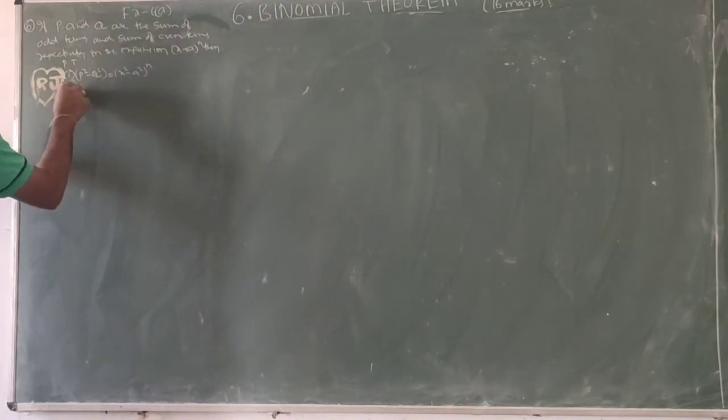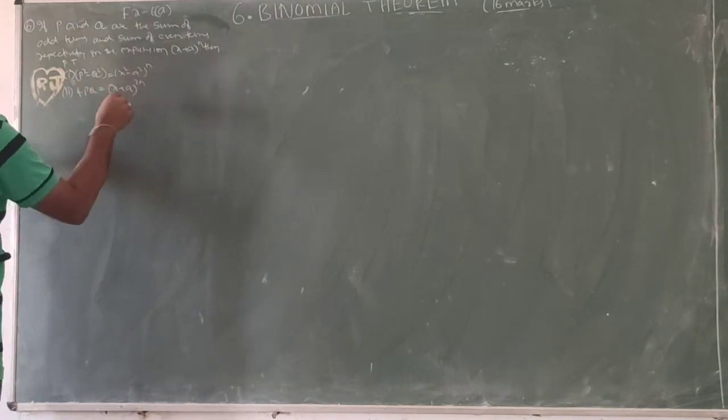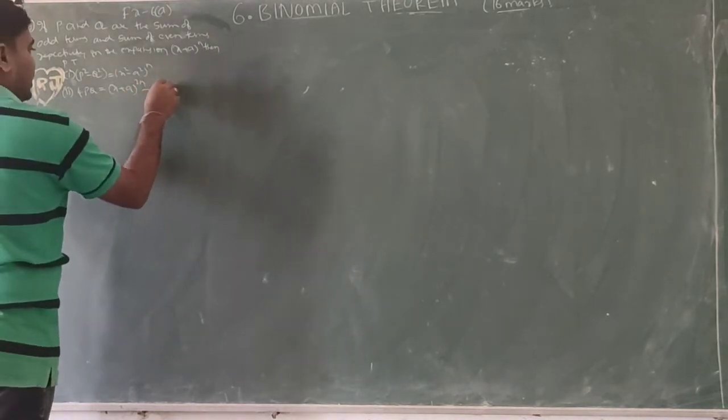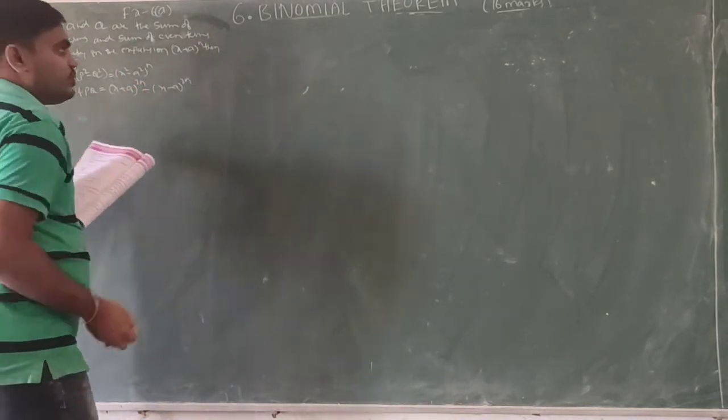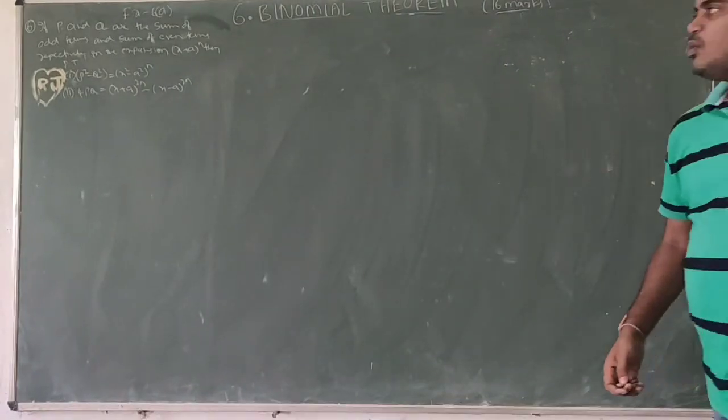Second, 4pq equal to (x plus a) whole power 2n minus (x minus a) whole power 2n.